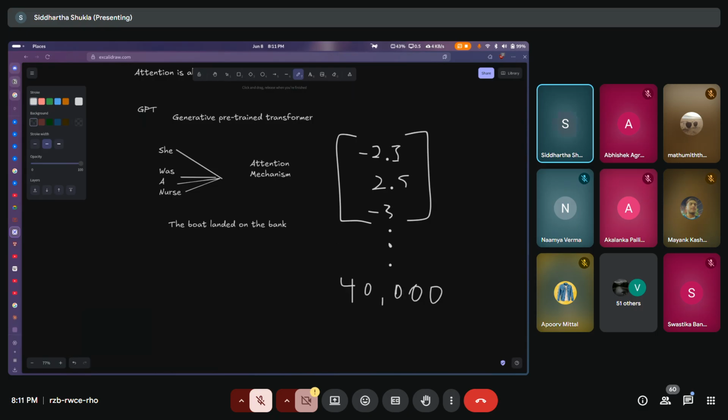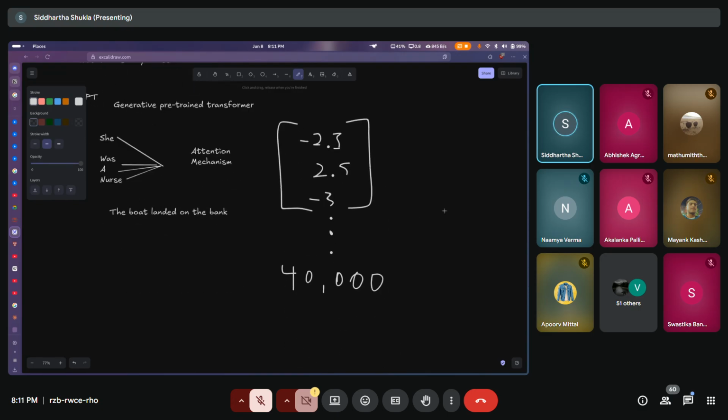I have taken three just to make you guys understand. To give you an example, GPT-3 had, I think, 13,000 dimensions for each vector.